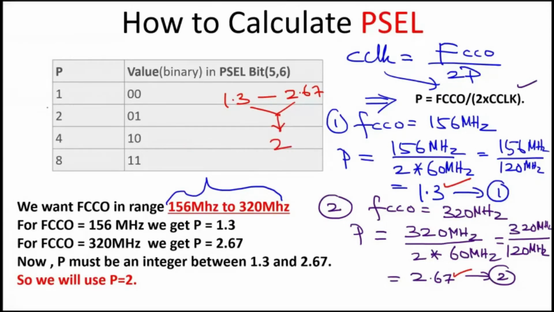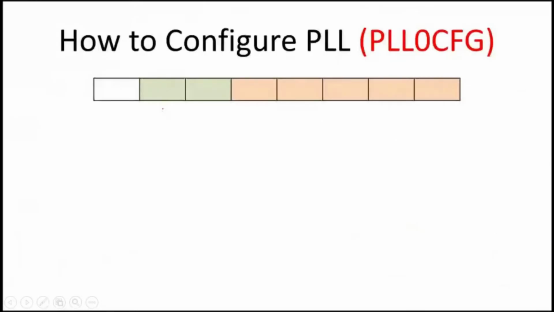So for a P value of 2, what is the value that you should load in binary? 0, 1. If you require P equal to 2, I should load a binary value of 0, 1 into the P select bits. So that is what we are doing in the PLL0 config register.